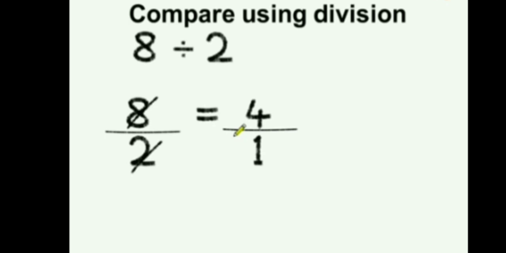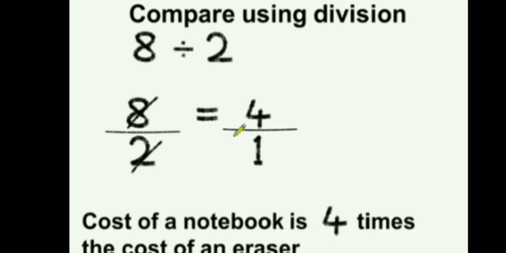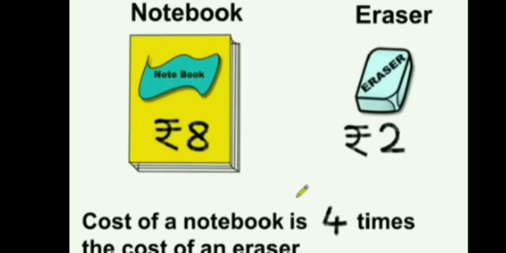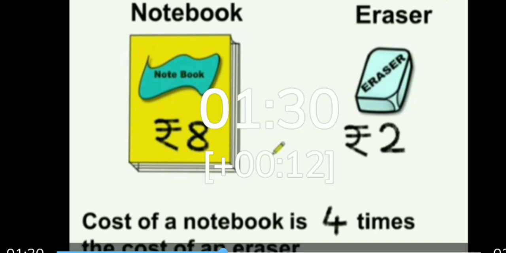Since 8 by 2 can be resolved into 4 by 1, we can say the cost of a notebook is 4 times the cost of an eraser, as the notebook is 8 and the eraser is 2.